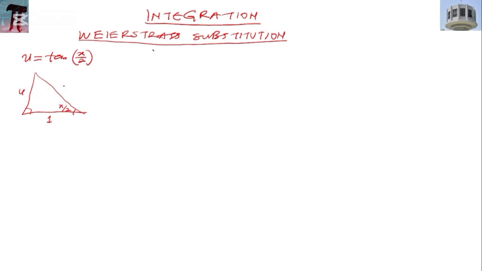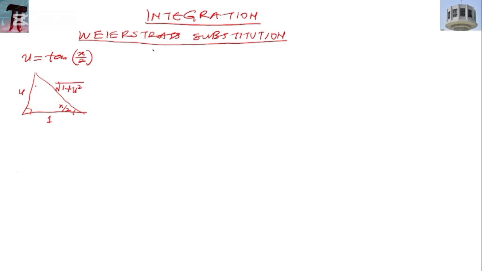We can obtain the hypotenuse by the Pythagorean theorem, which gives us the square root of 1 plus u squared. You know that the hypotenuse is the square root of the sum of the squares of the other two sides.